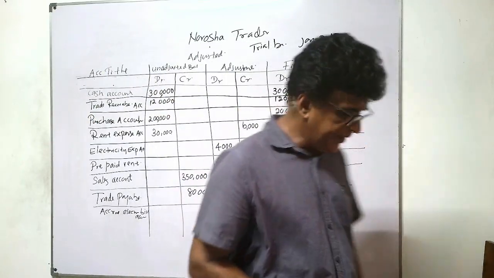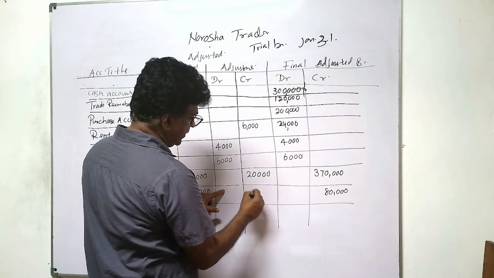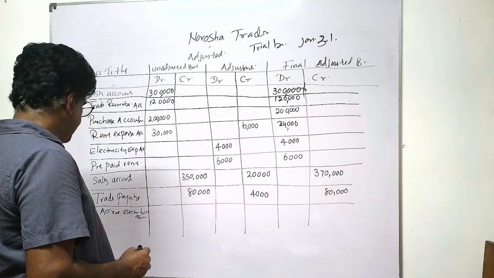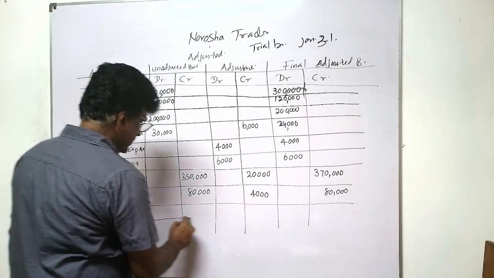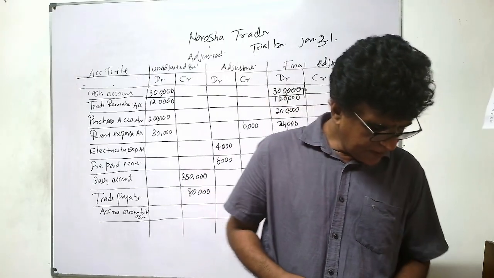We have debited the electricity expense account and 4,000 rupees we have to credit.